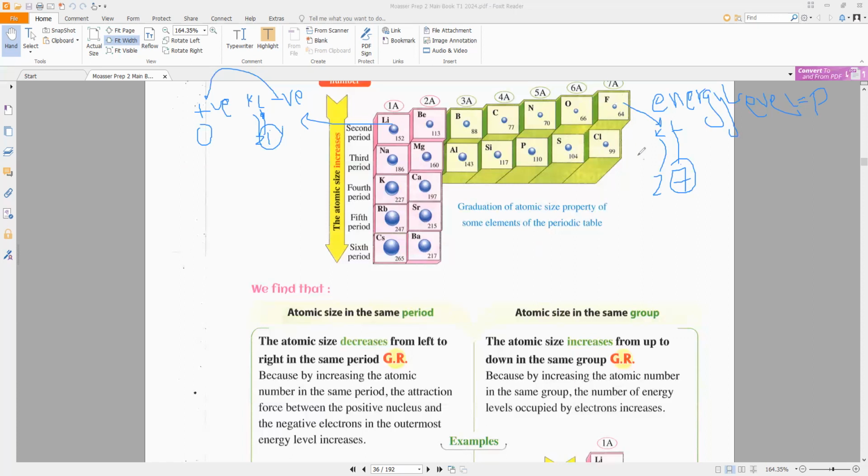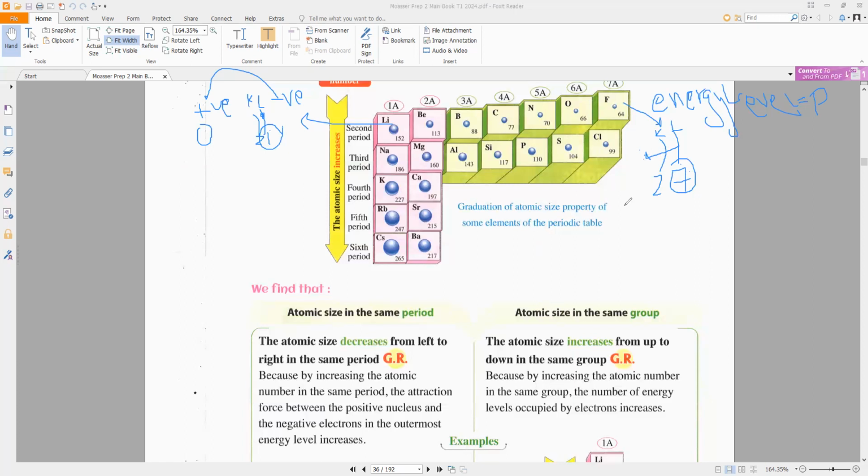So the attraction force in the fluorine atom is larger between the nucleus and the outermost electrons. The attraction force means pulling: the nucleus pulls the electrons toward it. So as the number of electrons in the outermost level increases, the attraction force increases, because there is attraction between the positive protons and negative electrons.